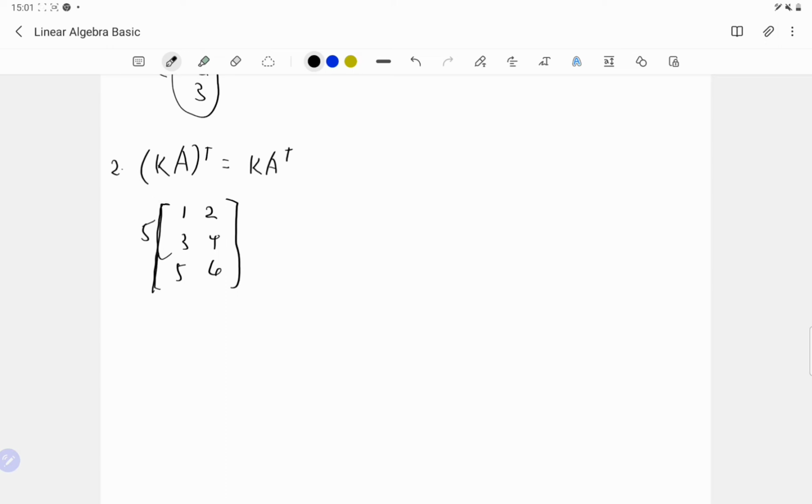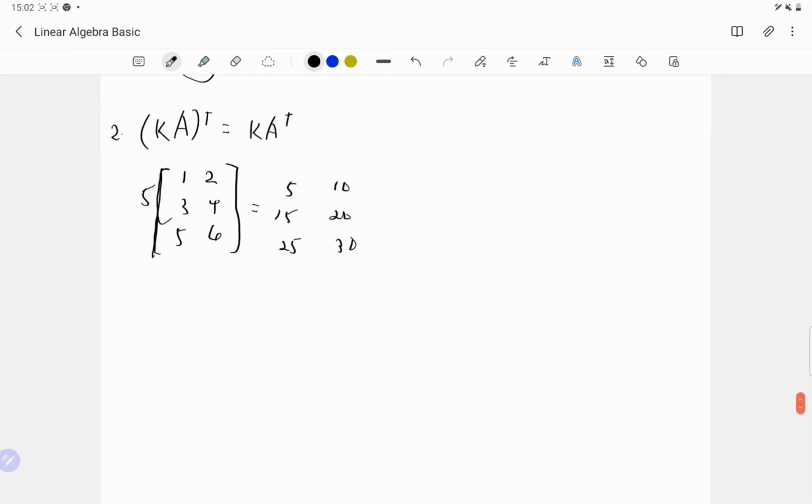I multiply first: 5, 10, 15, 20, 25, 30. This is your KA, and you are going to transpose that. What's your transpose? It's 5, 10, 15, 20, 25, 30. And this is my answer.